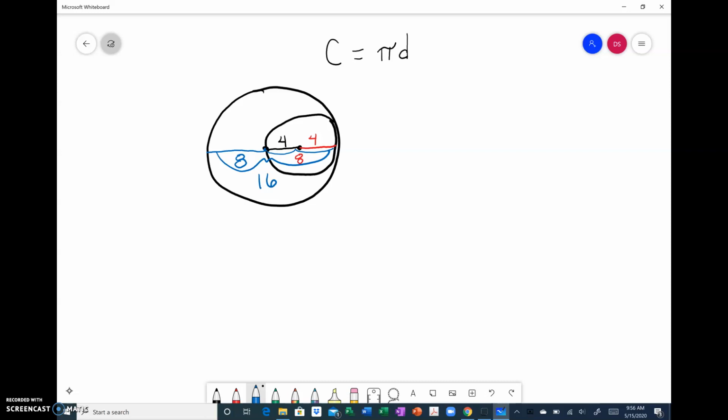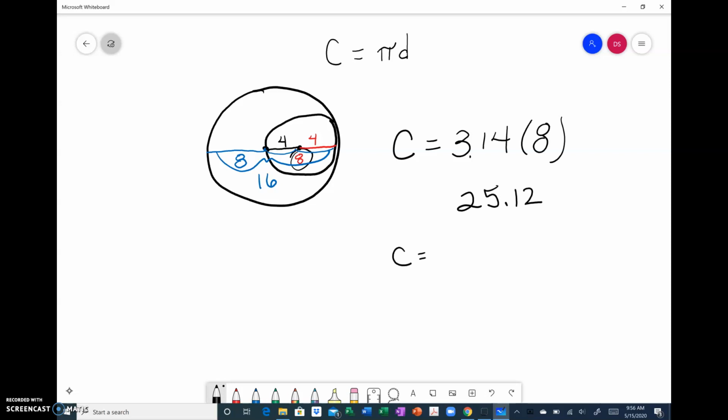So then for the small circle, you would just do circumference equals, and since we now know the diameter of the small circle, I'm going to do pi times d, which is 8, okay? And then I would find out that that is a circumference of 25.12.